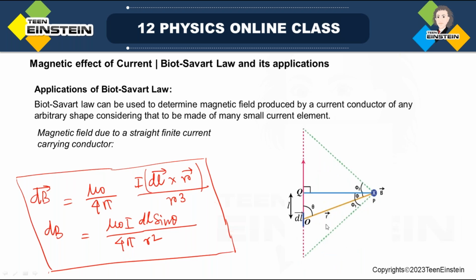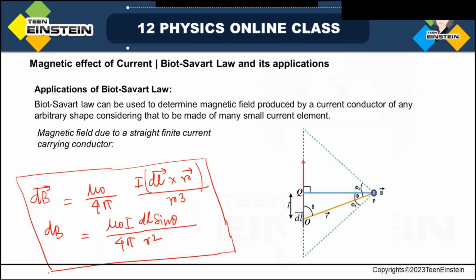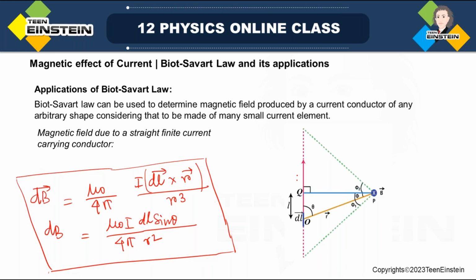And this is the conductor, carrying a current I in this upward direction, and we have to calculate magnetic field at P due to this current carrying conductor.